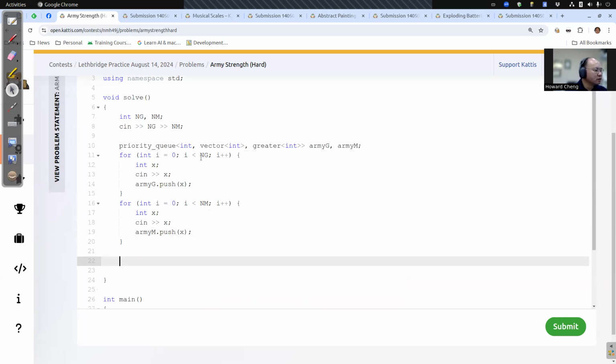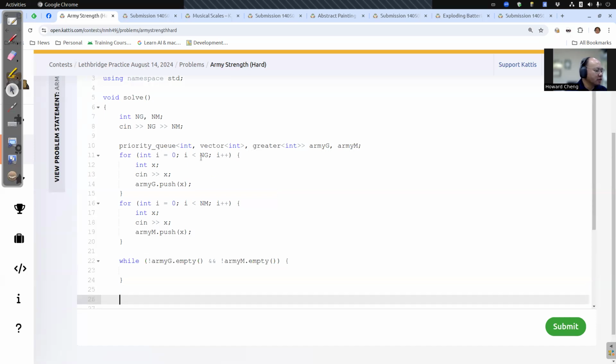So now, while not army G dot empty and not army M dot empty, they are both non-empty, which means I still have to do something.